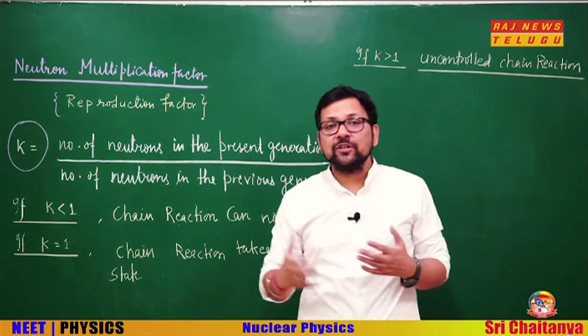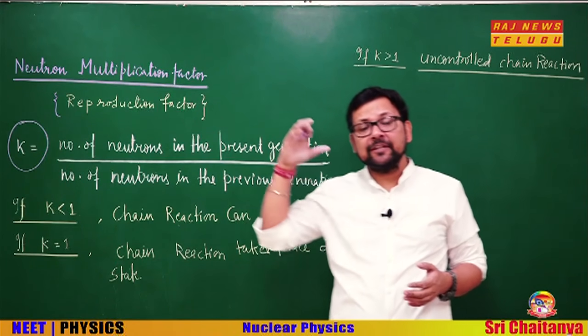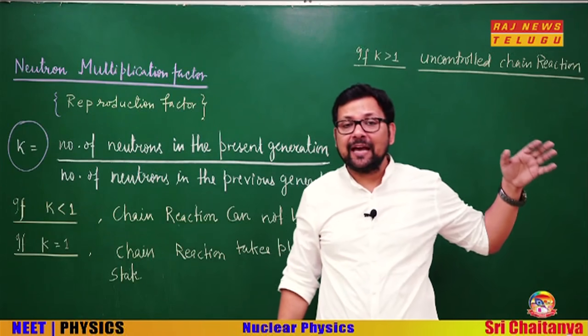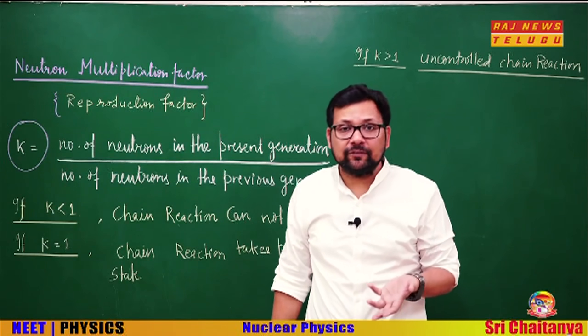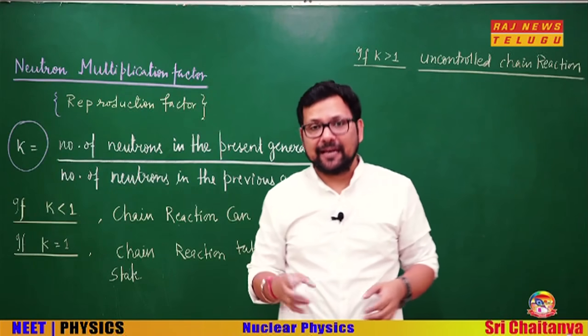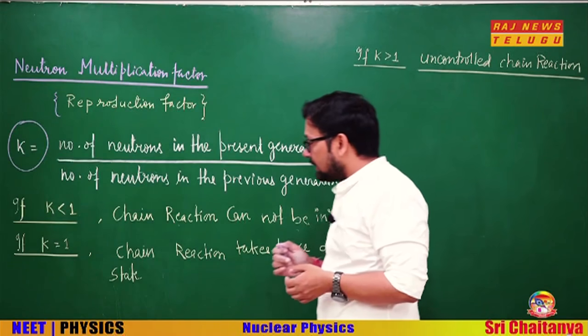So there is no question of further fission. You can see that for U-235 the initial neutron was 1 and the final was 3, or an average of 2.5. If the final would be, suppose, 0.5, then this is not even a case of chain reaction. So chain reaction cannot be initiated.